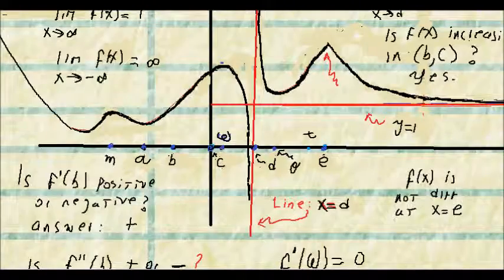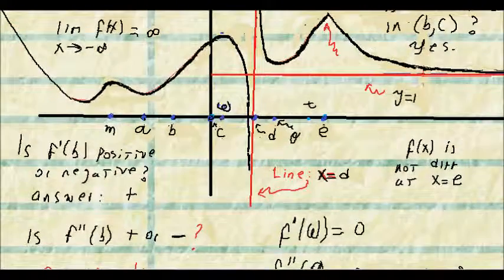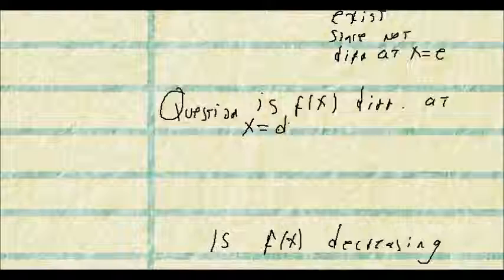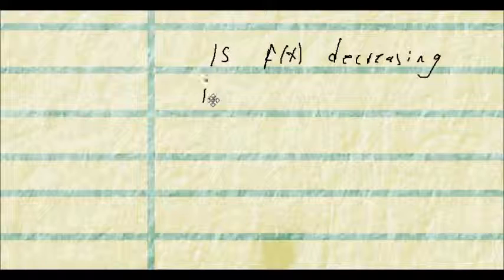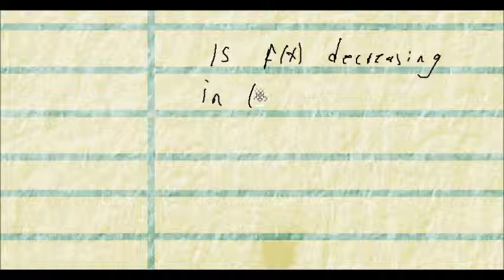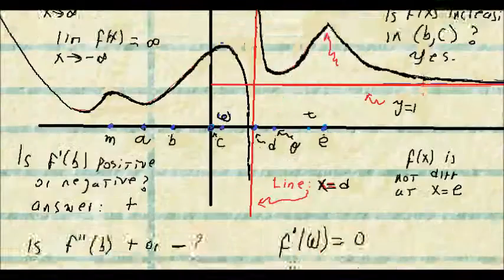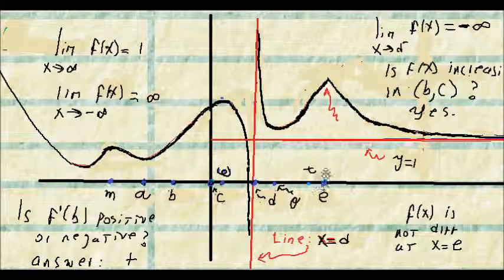Is f of x decreasing in the open interval e to infinity? I'm going to choose the open interval e to infinity. This is the value e here. Look at that. That's e. Now I'm choosing an open interval. So is it decreasing between e and infinity?